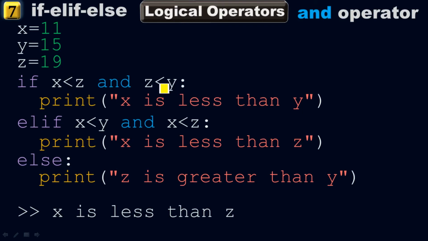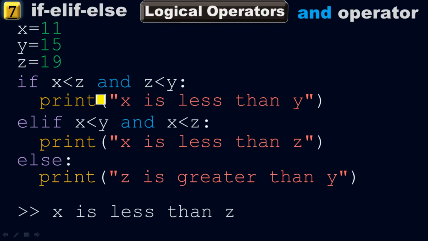What about the second one? z is less than y. z is 19 and y is 15. So z is greater than y. 19 is greater than 15, not less than 15. Therefore, the second statement is not satisfied. Since the second statement is untrue, this whole condition is not satisfied.